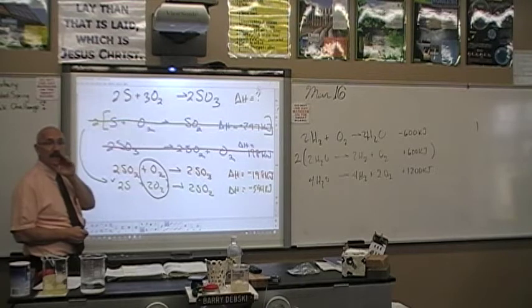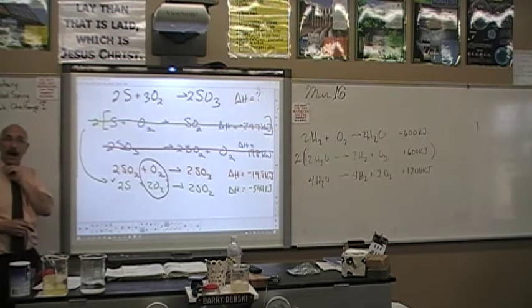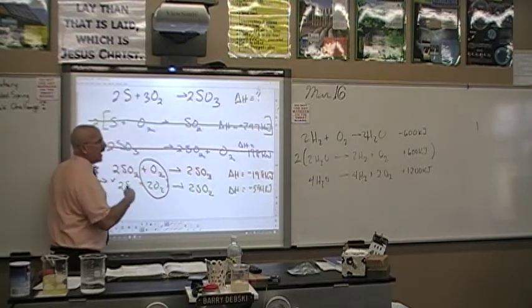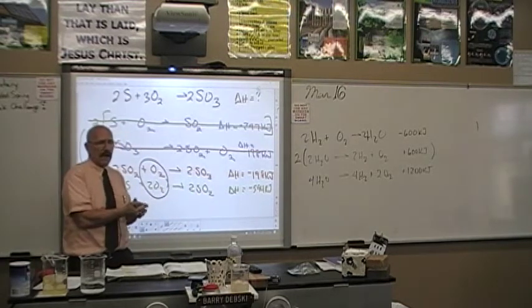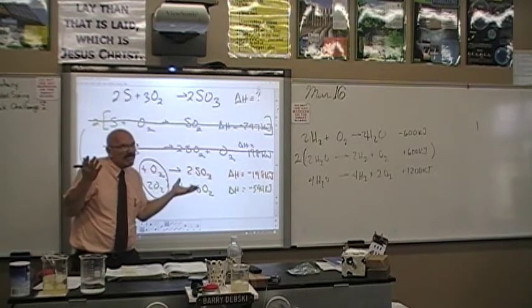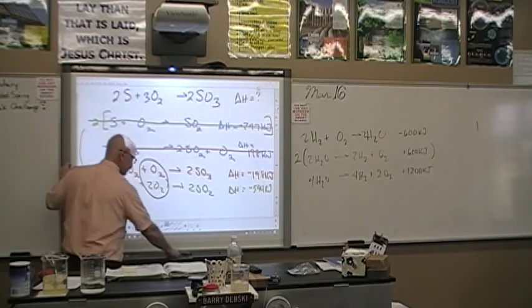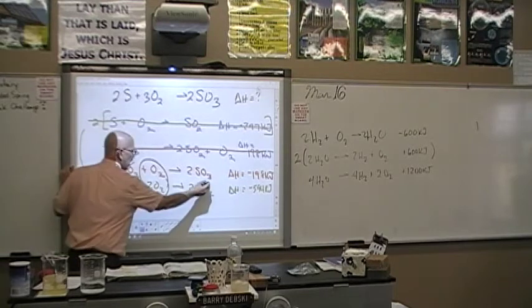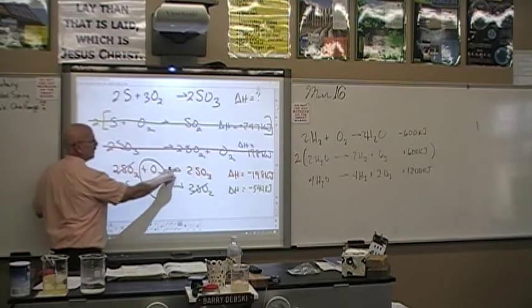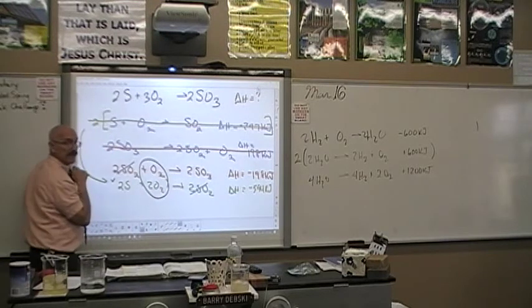Something cancels out. What cancels out? Yeah, look, I've got 2 SO2s and 2 SO2s. And again, just like in algebra, if I have 2x squared on the left and 2x squared on the right, bye-bye. And so now this plus this equals this is exactly what that is.